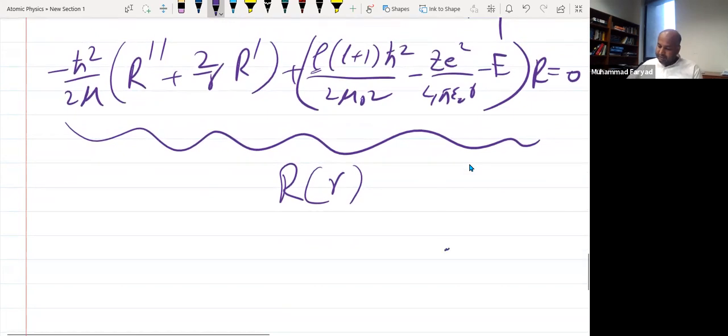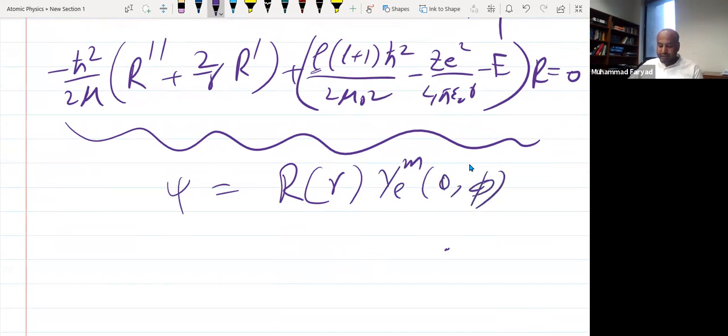The first thing is this: since we are going to use this R as part of our wave function times this Y_lm, whatever conditions have to be satisfied by psi have to be satisfied by R. And since this wave function is interpreted as representing probability through its mod square, because we know psi mod square represents probabilities of finding the electron in some region, it means that since the probabilities have to be finite, this R has to be finite everywhere.